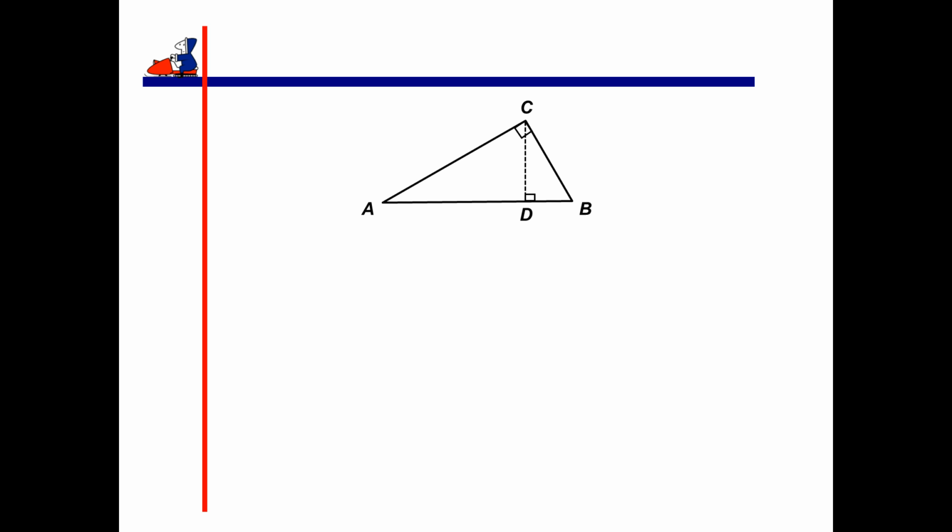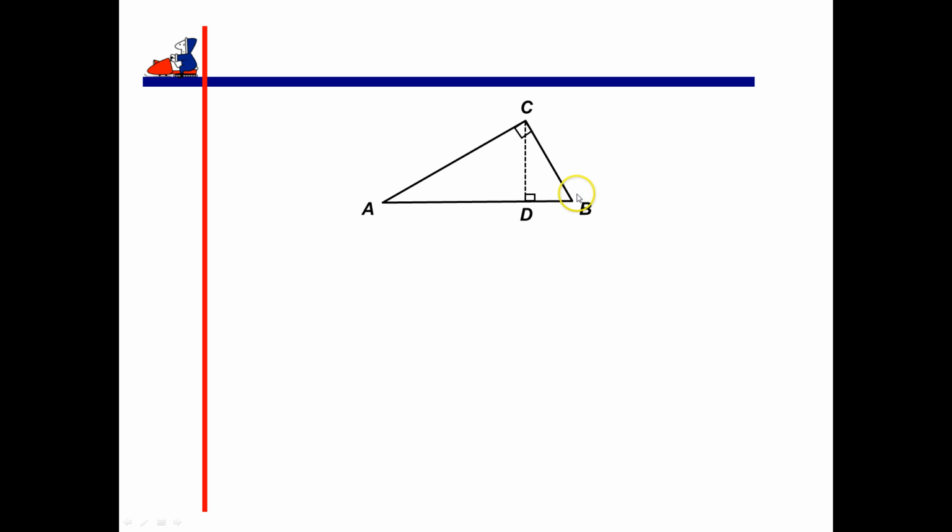And it turns out this is not too difficult of a task because we can say, hey, look at that. There's a 90-degree angle, there's a 90-degree angle, and there's a 90-degree angle. So all three, small, medium, and large right triangles share a 90-degree angle, which means that if we can just show one more they share, then they would be similar. All three of them would be similar. So let's take a shot at doing that.